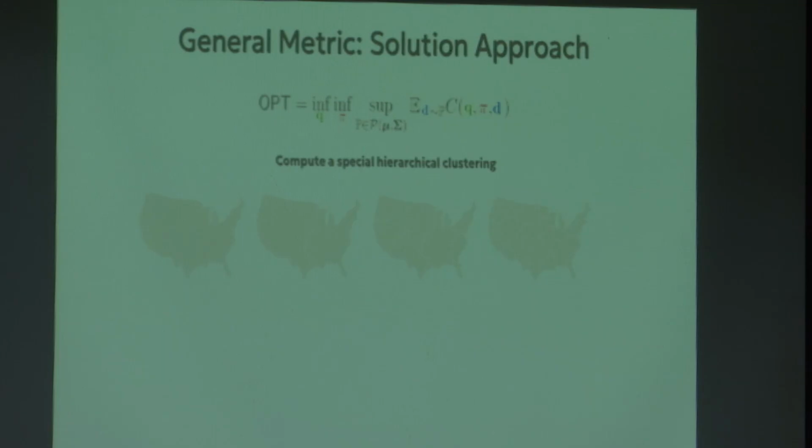Then you compute a fulfillment policy on this hierarchical clustering by approximating this cost, inventory plus fulfillment, by a surrogate cost. Let me define the surrogate cost. I don't know if you can read this.